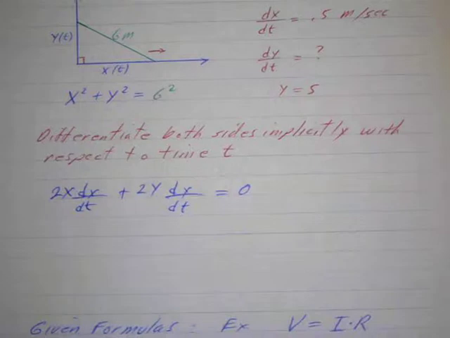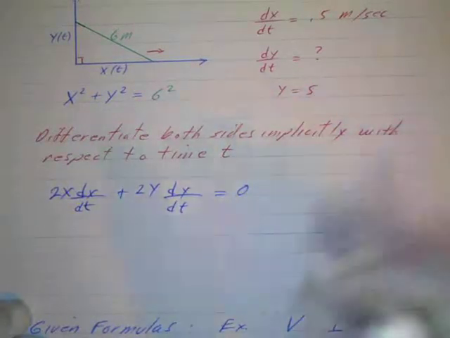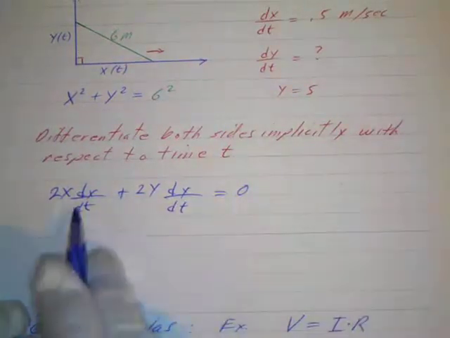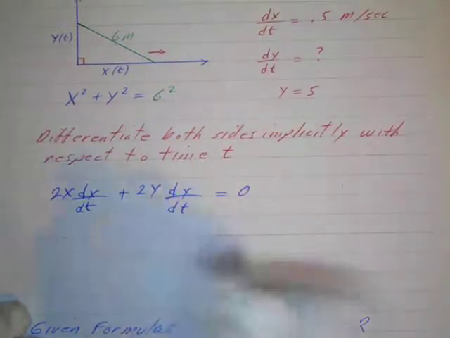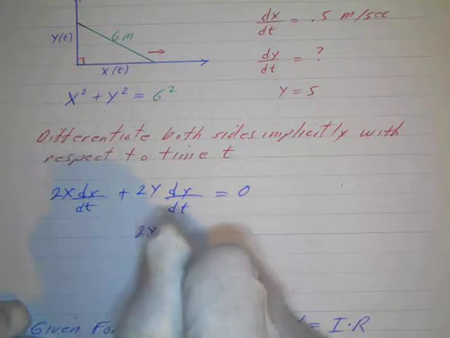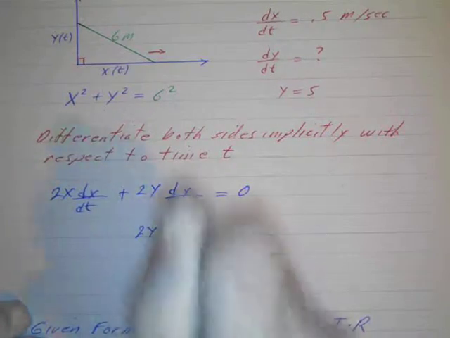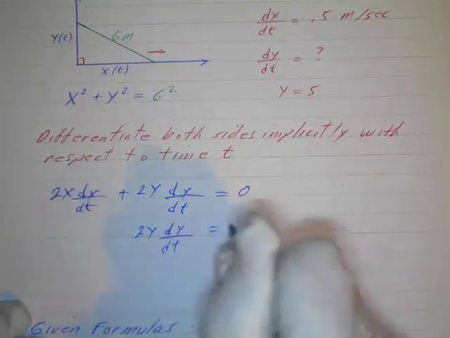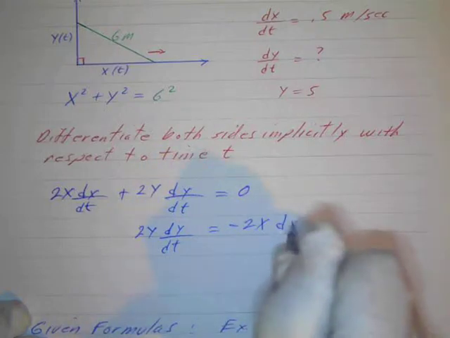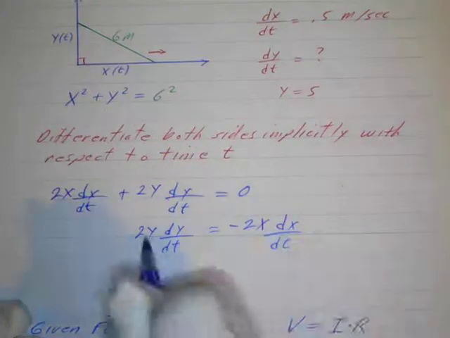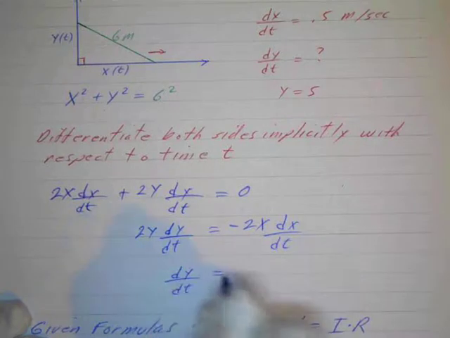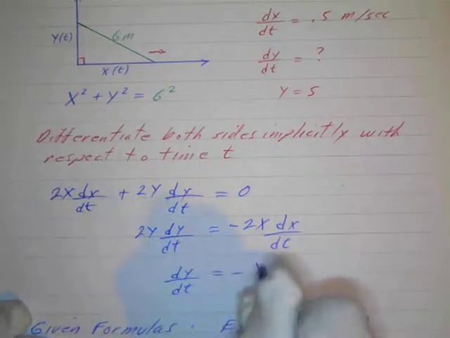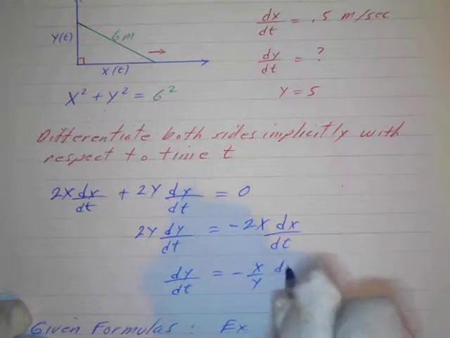Okay, so let's draw another triangle because we know that these things are changing. First of all, we can solve for what I'm looking for. I'm looking for dy dt, so I'll just solve this for dy dt. First of all, I'll subtract, so I get 2y dy dt equals negative 2x dx dt. And then if I divide both sides by 2, I have dy dt equals negative x over y times dx dt.